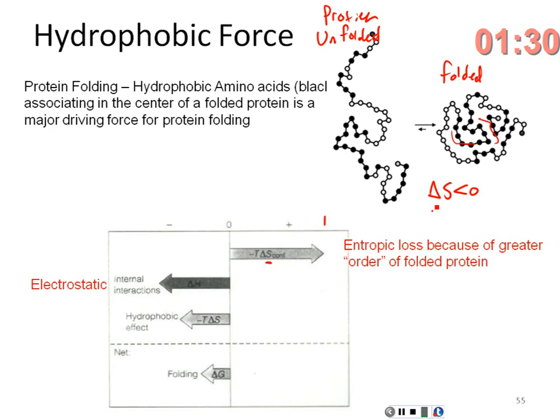So delta H is also going to be negative, but not negative enough to offset this entropic change. So what happens? Why is protein folding spontaneous? Well, there's also another effect, and that's the hydrophobic effect. And the hydrophobic effect makes it so that protein folding is an overall negative delta G and a spontaneous process.